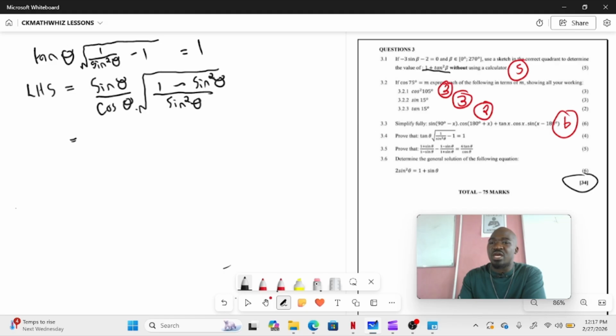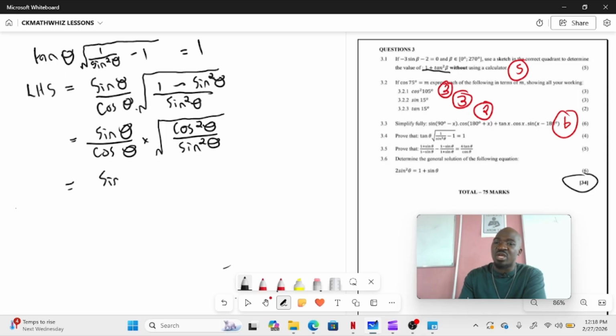Now we know that we have sine theta over cos theta multiplied by 1 minus sine squared theta, which is cos squared theta over sine squared theta. Now I want you to realize that this is a square root and there are two squares here, meaning that we can cancel that square and the square root.